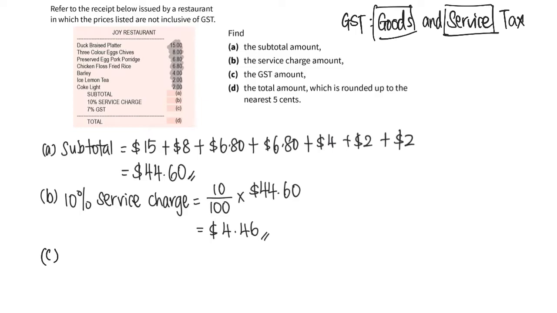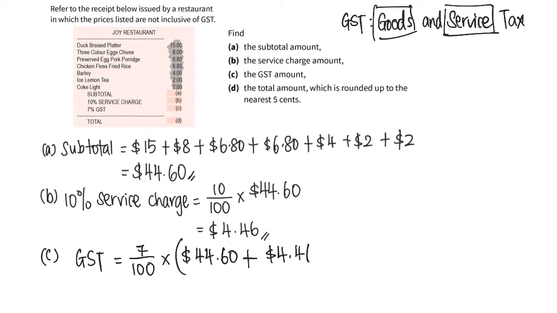The food. That means in order to calculate the GST amount, which is 7% of the goods, the goods is $44.60, and the service, which is $4.46. So this is important, that's why you will see this working here.